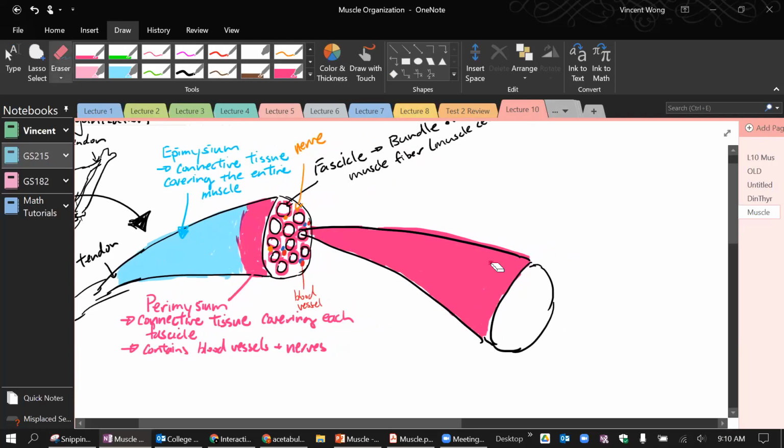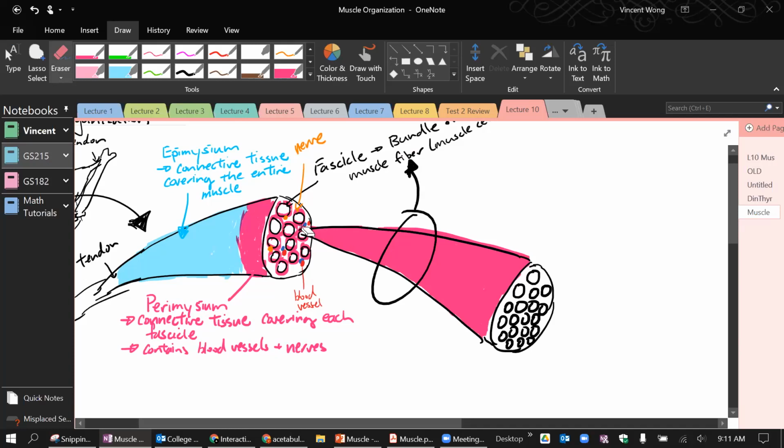Now, the fascicle, which is what this is, I should probably label it as well. This whole thing is a fascicle. If you look at the inside of the fascicle, you will see all the muscle fibers. I don't know if you guys eat meat. Maybe you are vegetarian, which is okay. But if you think about a pulled pork sandwich, when you pull all the shreds out, the individual shreds are actually the fascicles that you're pulling out.